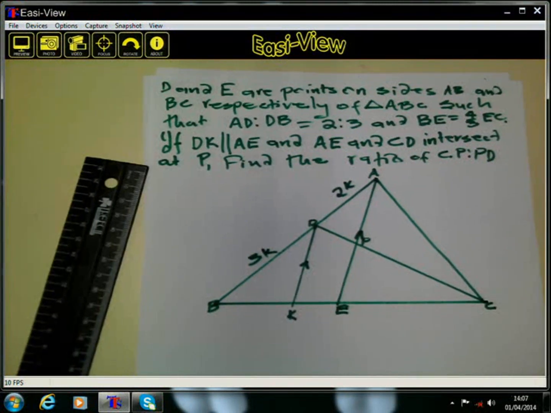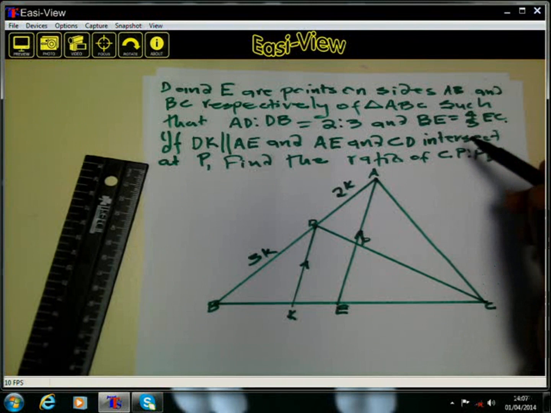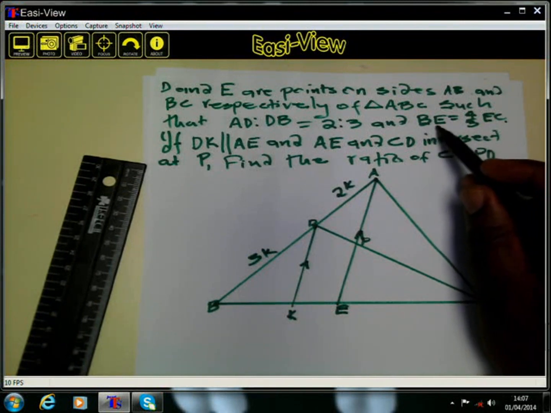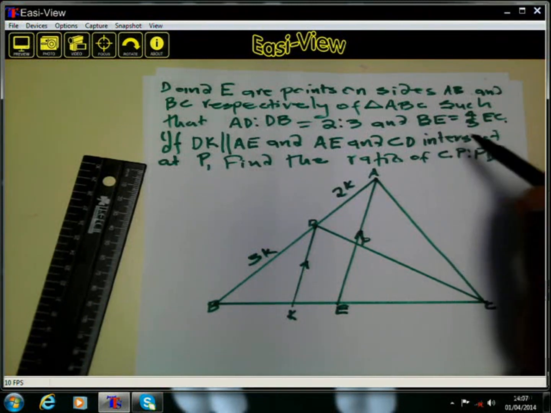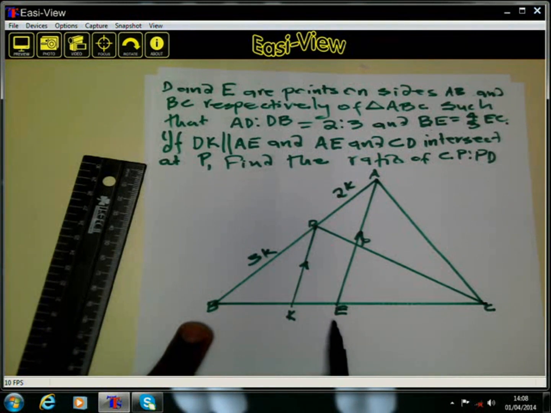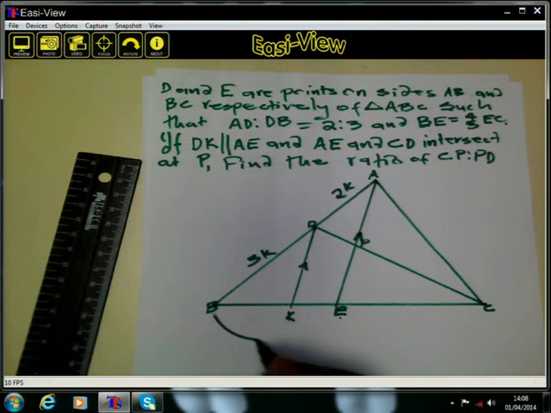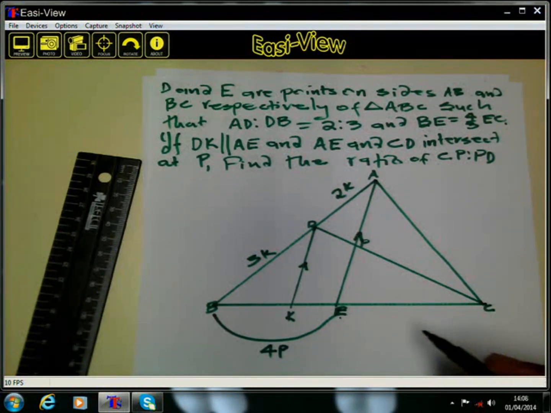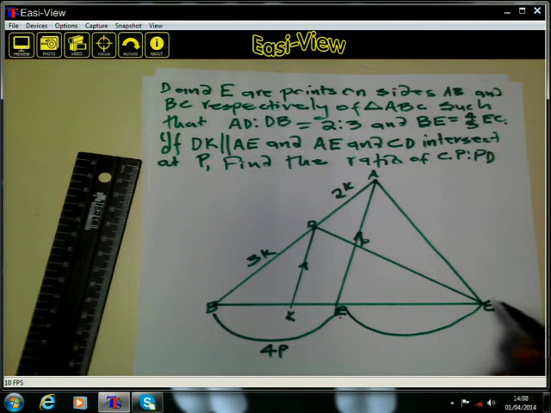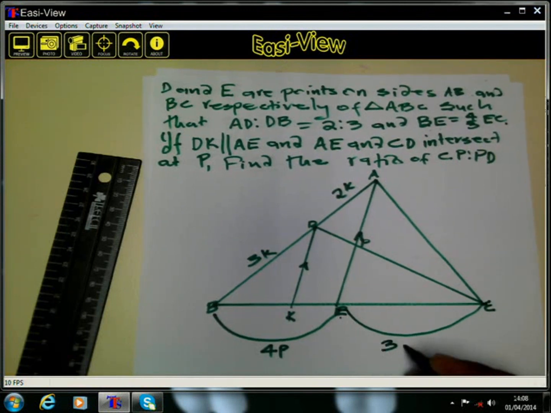Another piece of information is that you are looking at line BE. This is where BE is. You are told that BE is 4 over 3 of EC, such that if we let BE be 4P, then EC will be equal to 3P.